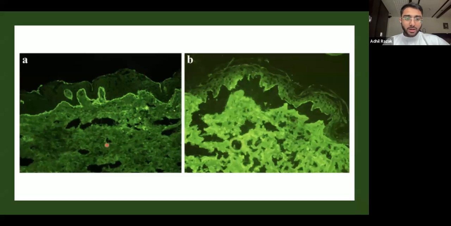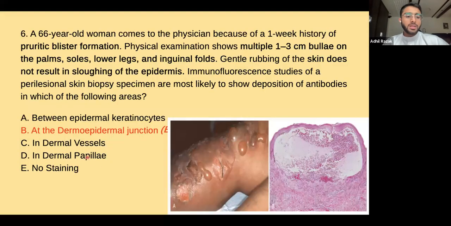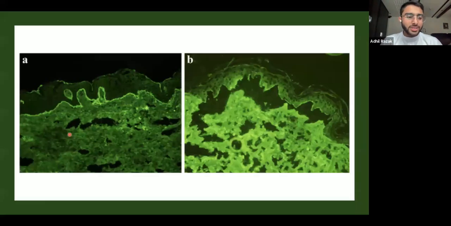The dermal papillae is two down. They're asking where exactly the antibodies are deposited. The exact location will be right in between the dermis and the epidermis. It's a thin line delineating the edges of the dermis and the epidermis.